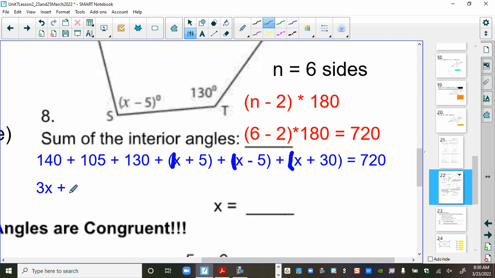Yeah, all the other ones. 140, 105, 130, positive 5, negative 5. Well, what's really going to happen with the positive 5 and the negative 5? They're going to cancel out. So basically, you're just adding 375. All right, that makes sense.